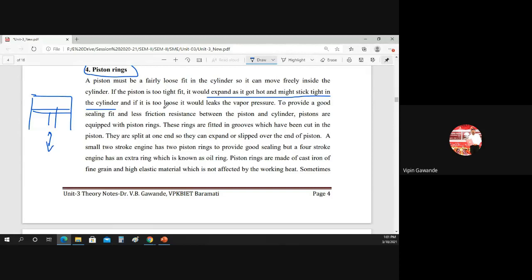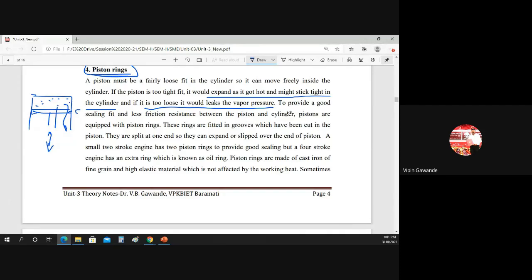And if it is loose, then it will leak the gases. If it is tight, there may be chances that the piston gets stuck inside the cylinder. So we have to keep some clearance there. For that purpose, we are using the piston rings.